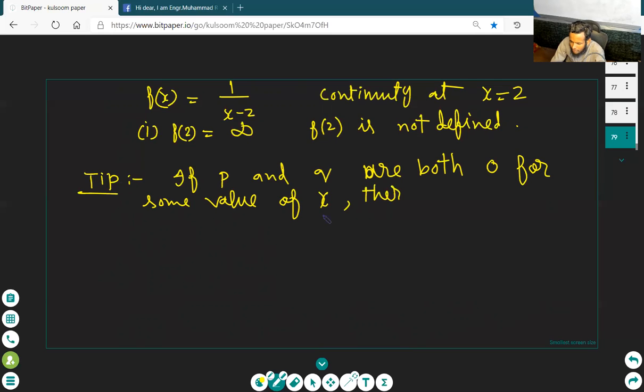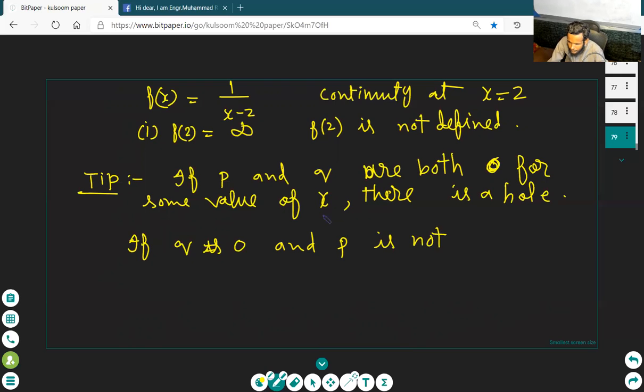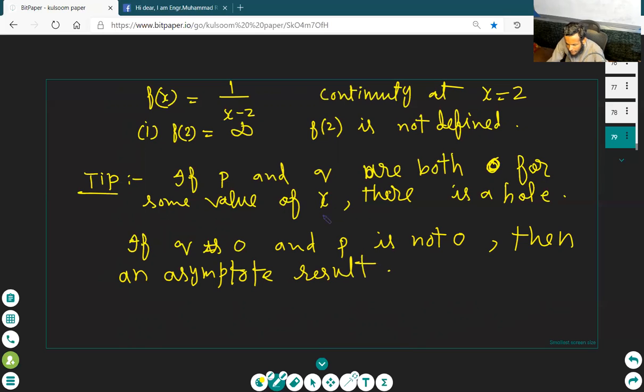then there is a hole. When we put the value in the rational fraction and get zero in both the denominator and numerator, we say this value gives us a hole. And if q is zero, our denominator is 0 and the numerator p is not 0, then an asymptote results.